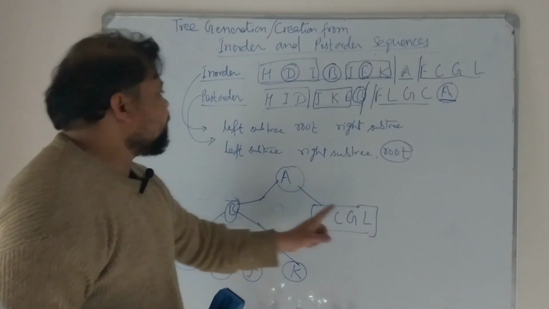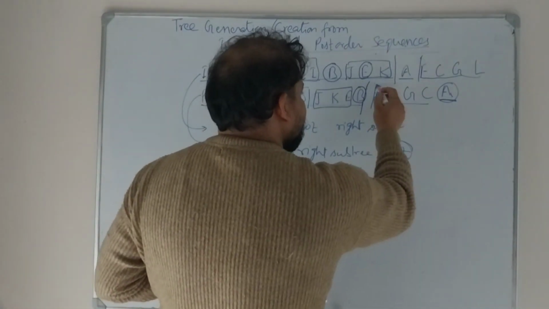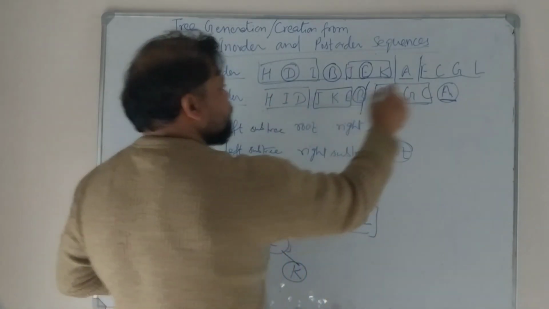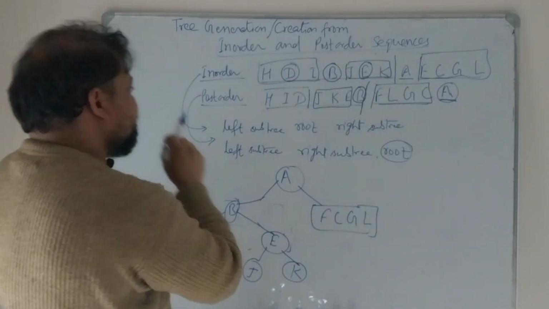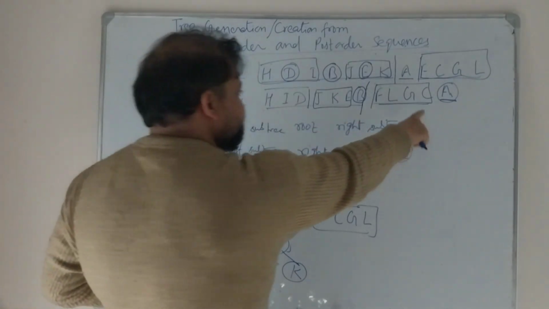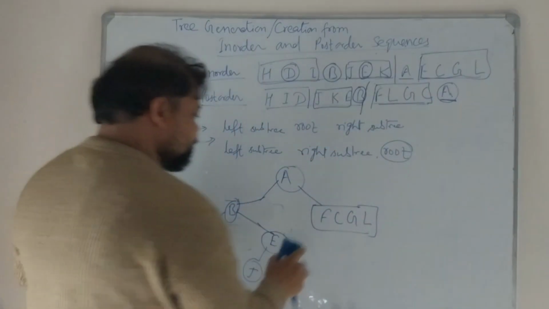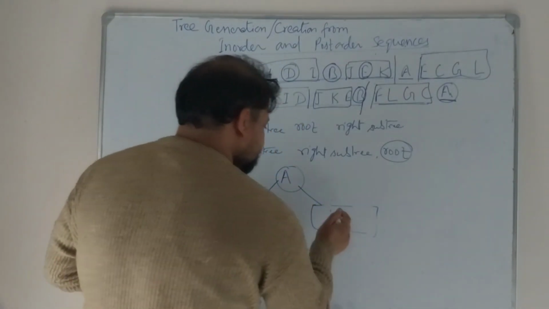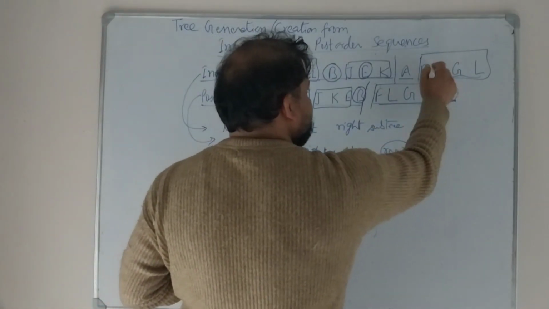For the right-hand side of A, once again the sequence is here. The post-order is F L G C, and the in-order sequence is F C G L. I'll simply get the last element. In this subsequence, the last element is C, so C will definitely be the root. So here I am taking C as the root. Since it is the root, I'll find its position in this sequence.